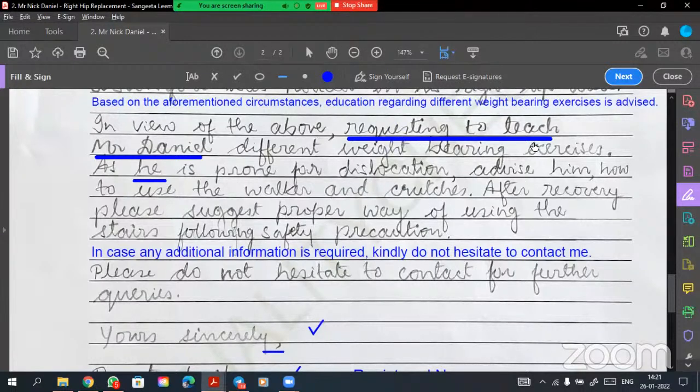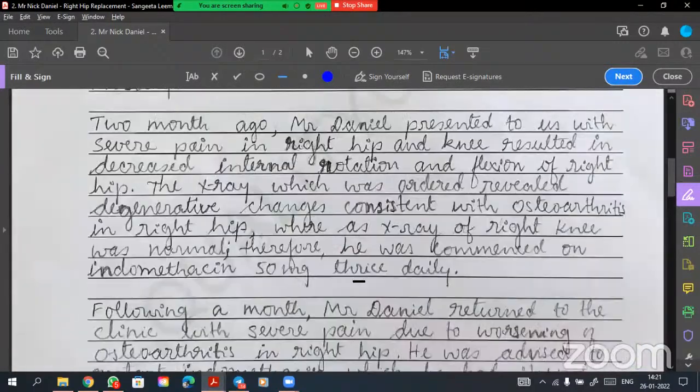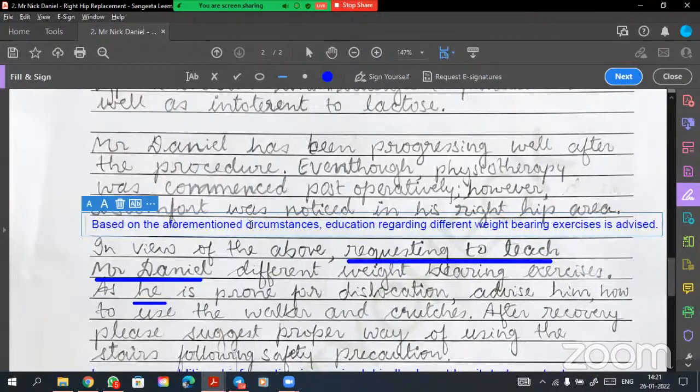So how to advise him how to use? Education regarding the same, you can continue here: education regarding weight bearing exercises and the usage of walker and crutches. You can write there only. Based on the above circumstances, education regarding different weight bearing exercises in addition to the usage of a walker and crutches is advised.